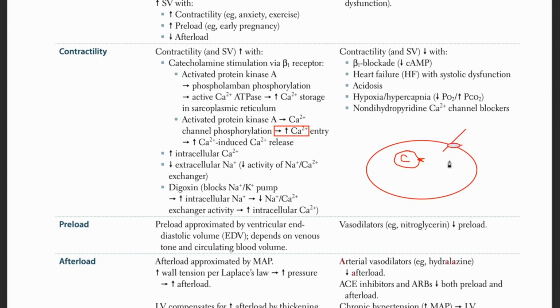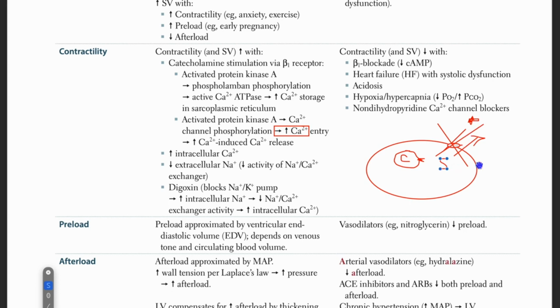So potassium's gonna go out, and sodium comes in. I'll just write Na comes in, okay, and then potassium goes out. So when you give digoxin, it blocks this pump, right? So what happens? The sodium you have inside is not going to be able to go out, okay?